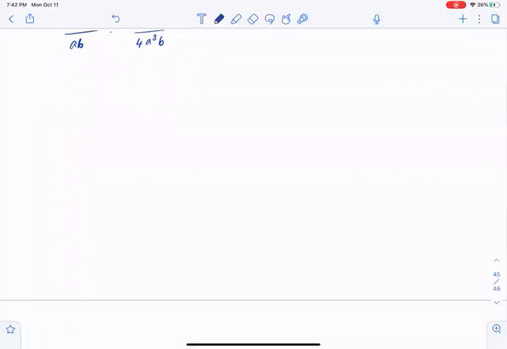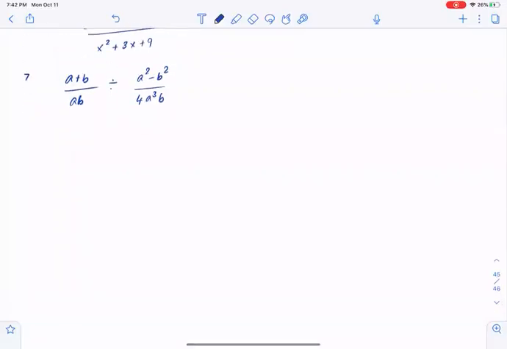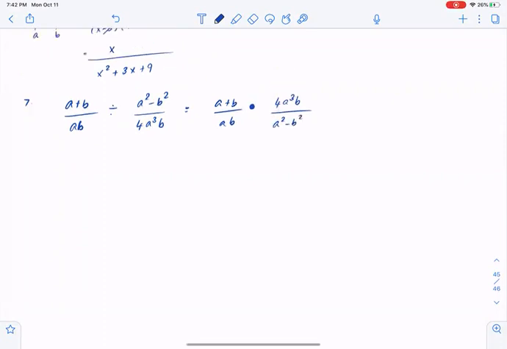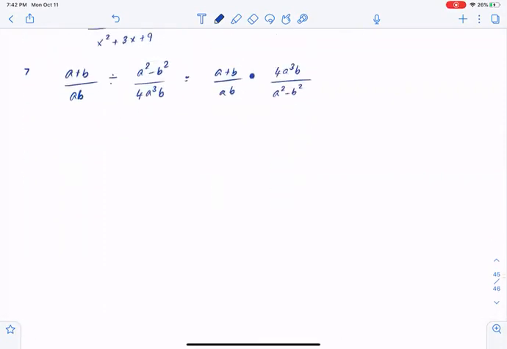So first step is to convert this division to a product. So times the reciprocal. There is nothing we could do about the first rational expression because there's nothing to simplify there.